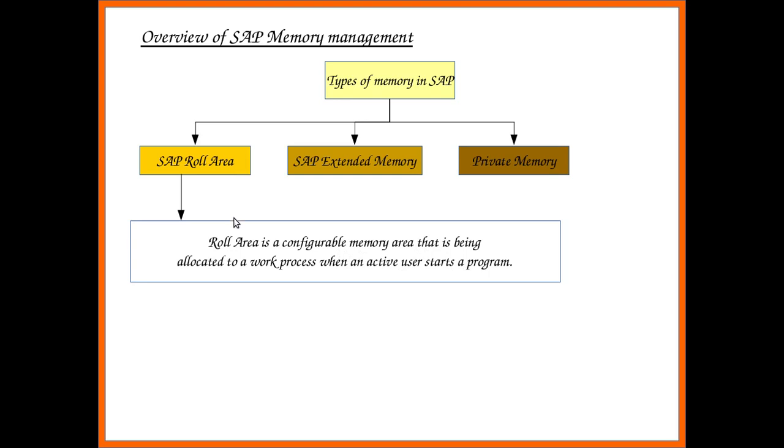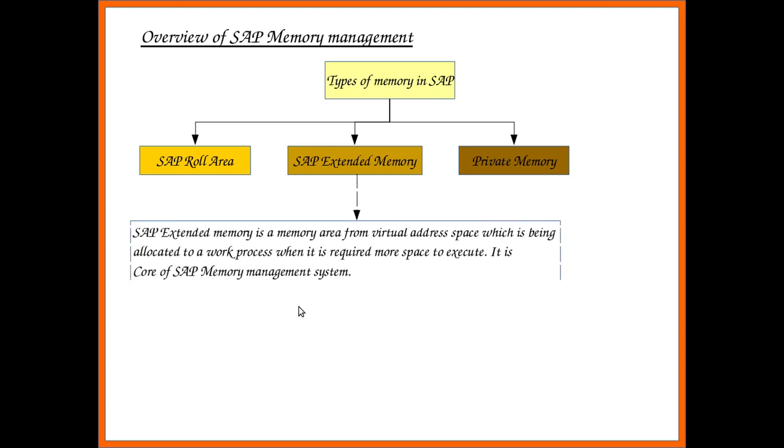Once the roll area has been consumed, then from the virtual memory space, SAP extended memory is allocated to the particular work process. This extended memory is a core component of the memory management system.